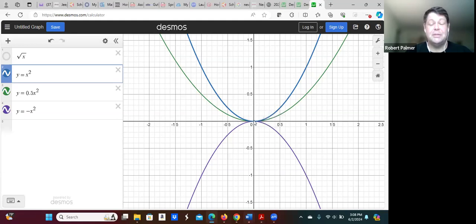So what that means is that since this green line is always between these other two, what I call the sandwich theorem, both the top and bottom functions go to 0 at 0. That means my green line, my 0.5 x squared, also has to go to 0 at 0.